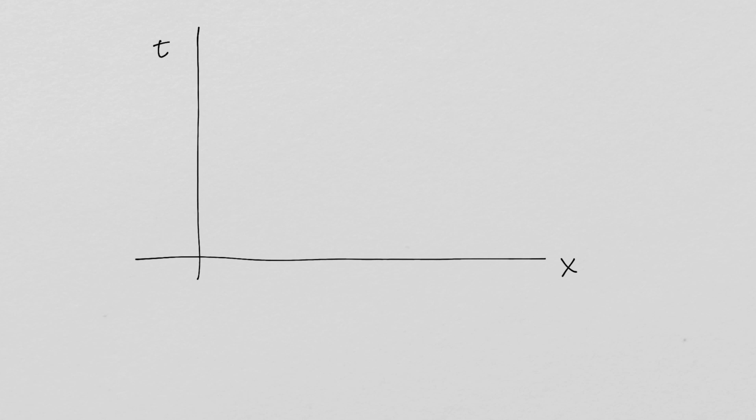A relativistic particle, the way we understand it, moves along a world line, and I'll just draw some arbitrary world line here. It starts at some time t1, and this world line ends at some time t2. This world line is the path we're interested in.